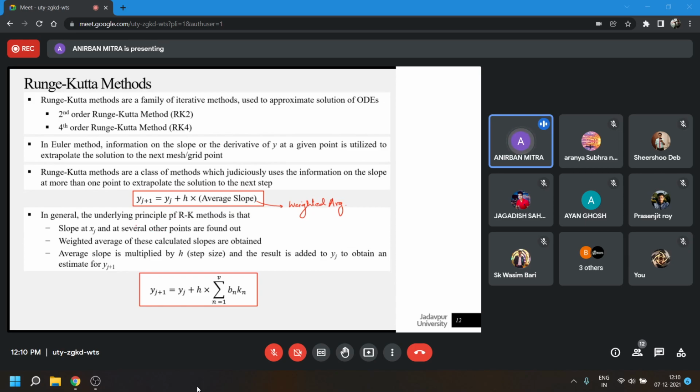So if n varies from 1 to v, that means in this particular general situation, we are going to consider v number of points and slopes at those v number of points. All those points would be given some weightage indicated by this term over here.